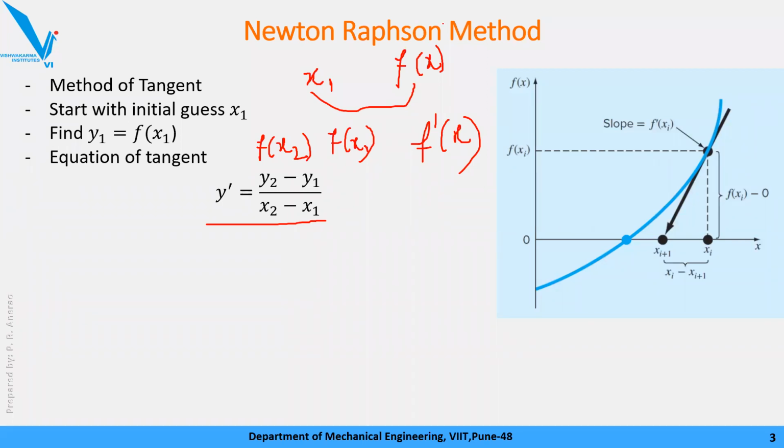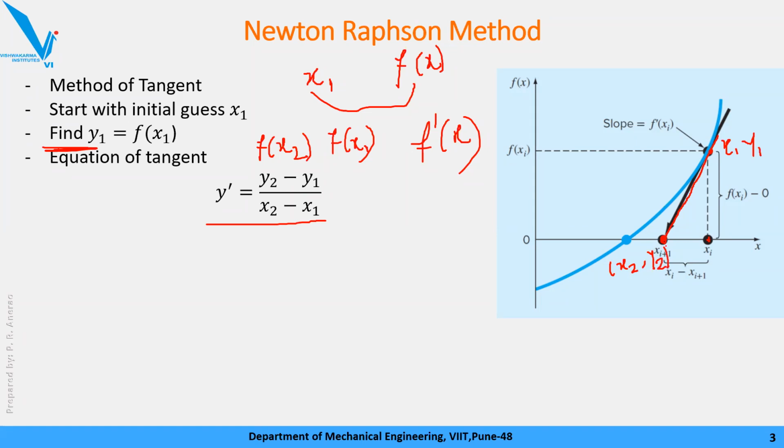Observe the graph so you will have a better understanding. We had the x1 value, then we calculated x1 comma y1. Then we drew a tangent to the curve at that point, and we reach this location where the tangent intersects the x-axis. What could be the coordinates of this intersection? This is nothing but x2 comma y2.